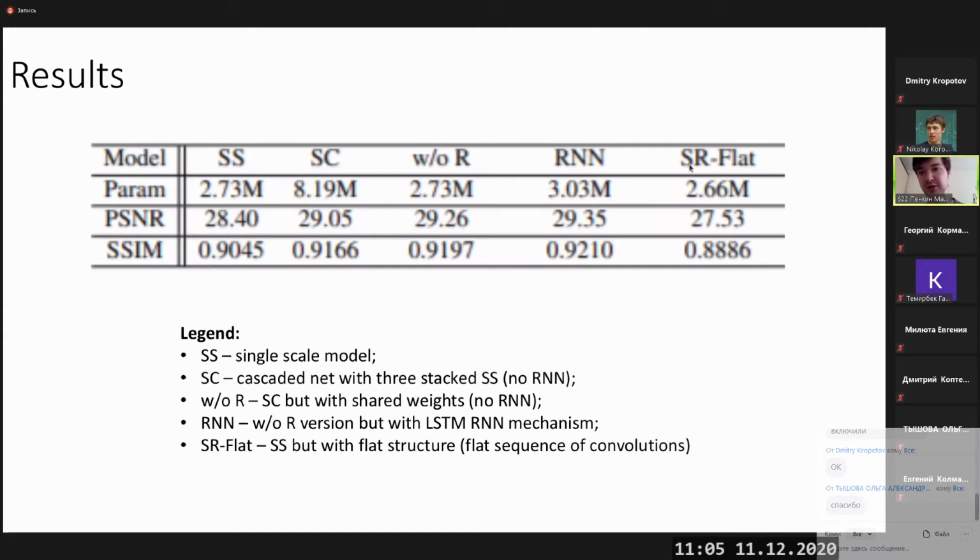So just a sequence of convolutions, flat structure, yes. So from this table, we can see that the best performance is provided by the proposed network, the cascade of 3 U-nets with the recurrent mechanism, LSTM version.